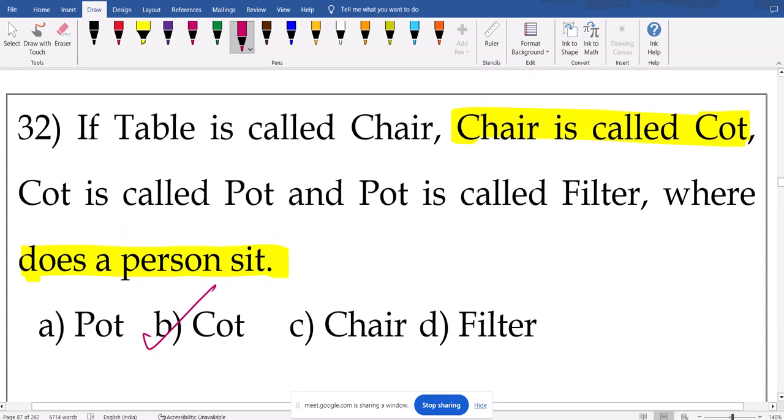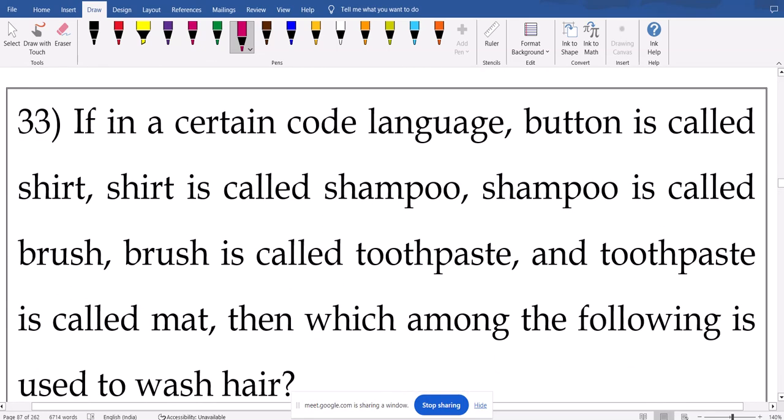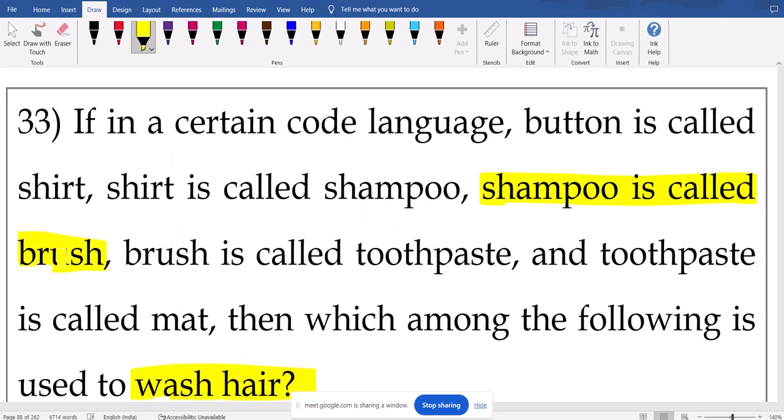Similarly, the next question is very simple. Read the last line. What is the related word in the question? What do they call it? Don't extend it. Stop the discussion there itself. Right, next one: to wash. It's given in the question. Shampoo is called brush.